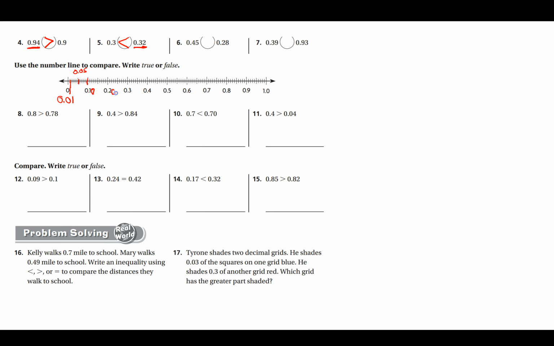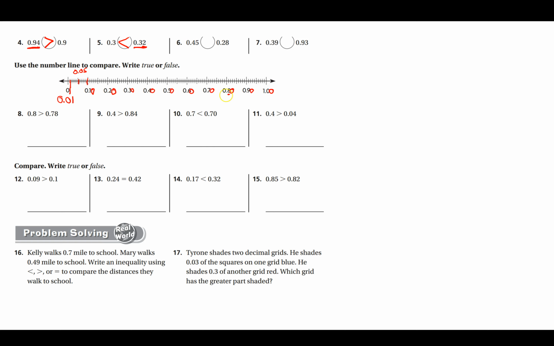So when you see 0.1, it's the same thing as 0.10. This is the same thing as 0.20. Think of that as 30, 40, 50 hundredths, 60 hundredths, 70 hundredths, 80 hundredths, 90 hundredths, and 100 hundredths, or 1 whole. So that might make it a little easier to see. So 0.8 would be right here.